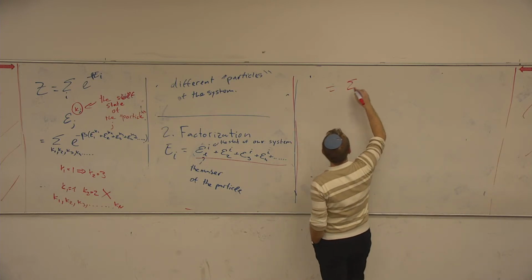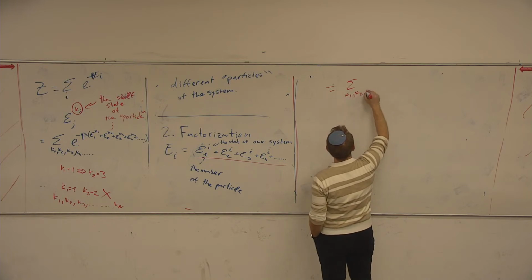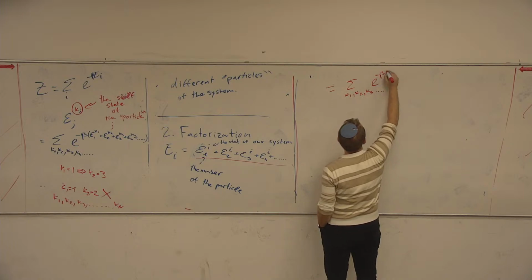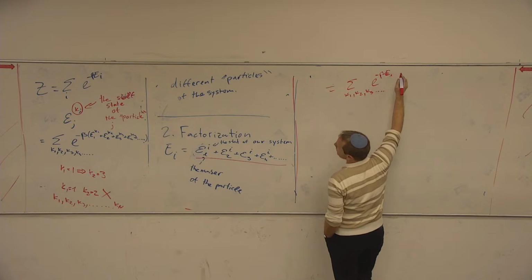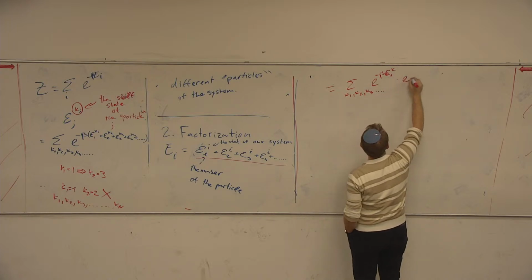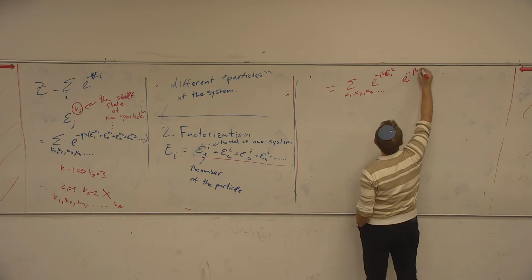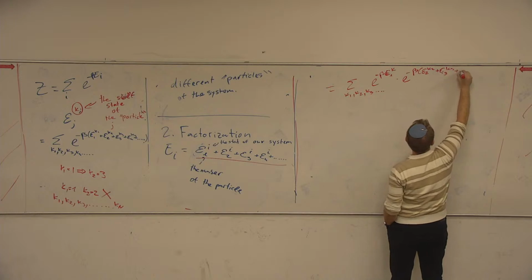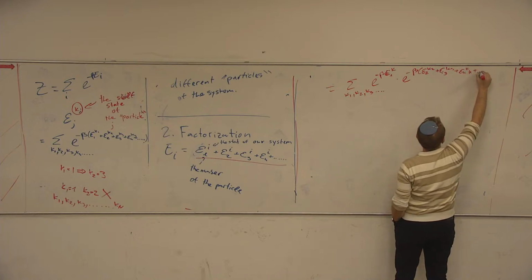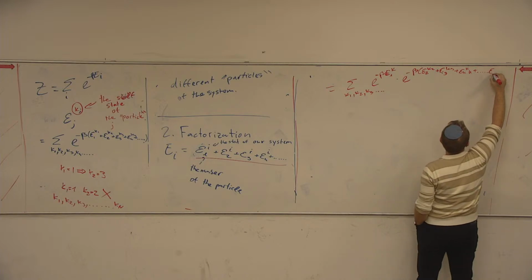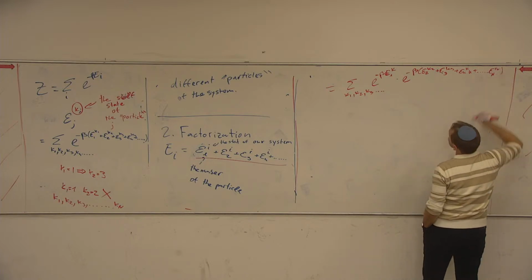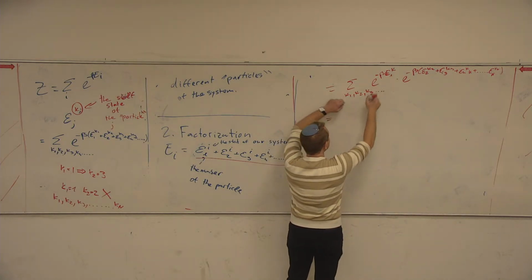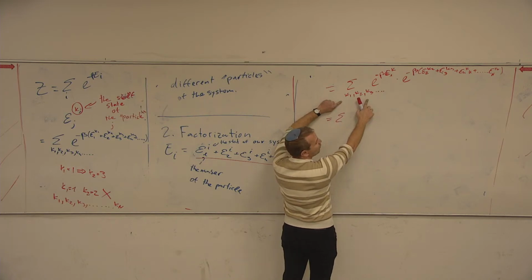So I want to write it down as a sum over K1, K2, K3 of e to the power minus beta epsilon 1 K1, multiplied by e to the minus beta times epsilon 2 K2 plus epsilon 3 K3 plus epsilon 4 K4 plus etc. up to epsilon n Kn. Now inside this summation, I'm changing the order of the summation.